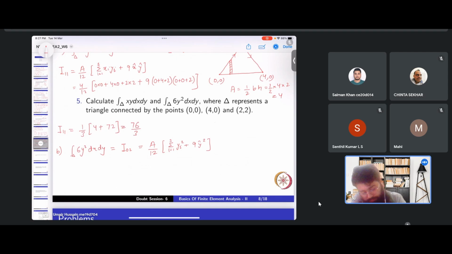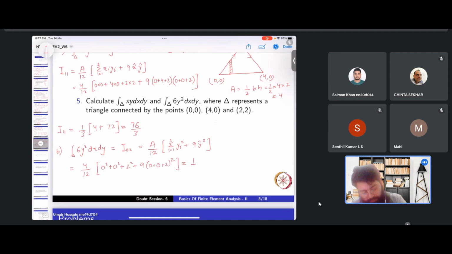So this means we have area, we know 4 by 12, it's the same triangle. Then we have to take the sum of the squares of the y coordinates. So we have 0 square plus 0 square plus 2 square. Then we have to take the square of the sum of the coordinates, 0 plus 0 plus 2.